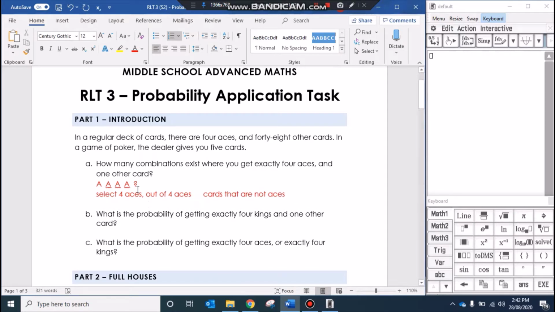So we're selecting all 4 of the aces, and there's only 4 aces in a deck. Now, as for the cards that are not aces, we are only selecting 1 non-ace, out of 48 non-aces. Maybe so we don't get confused, I'll call them others.